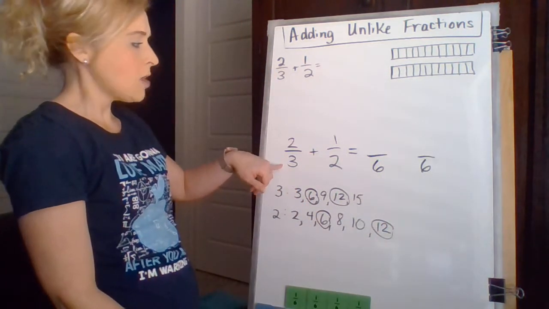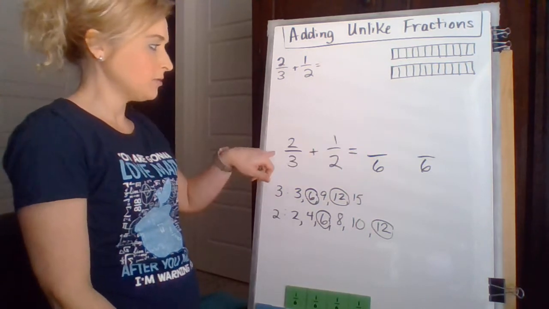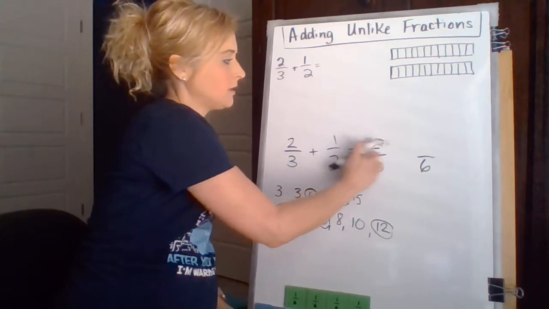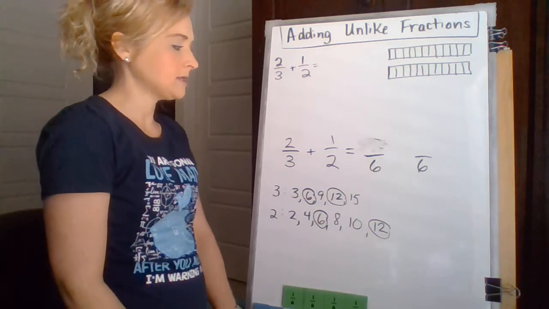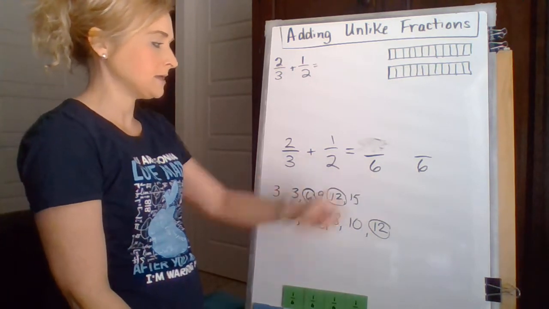But are you going to keep the numerators the same? Is 2/3 the same as 2/6? Absolutely not. They're not the same fraction. 2/6 is a lot smaller than 2/3, because sixths are smaller pieces.